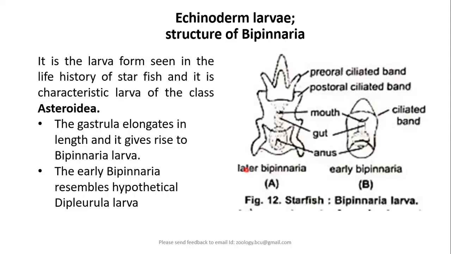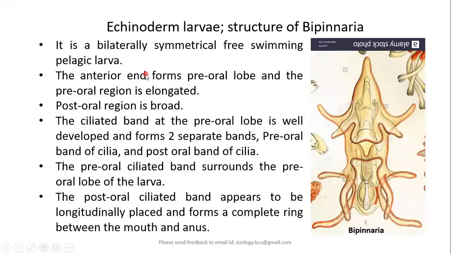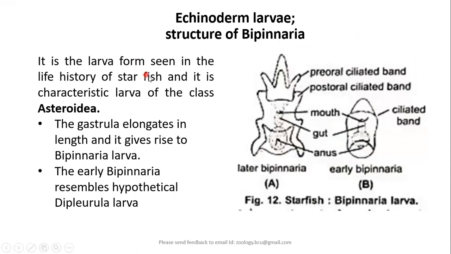Coming to the structure of the first larva, that is the Bipinnaria larva, as we have already studied, this larva is found in the life history of starfish, and it is the characteristic larva of not only starfish, but all other members of class Asteroidea.